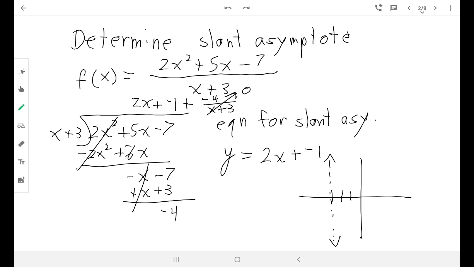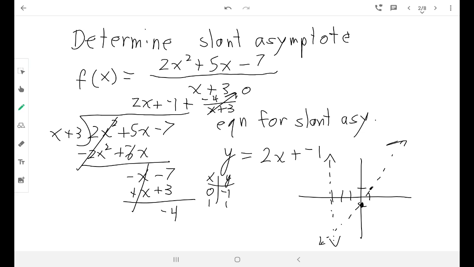So if I think of a little table for this, an xy table, if I were to put in 0, I'd get negative 1. If I were to put in, let's say, 1, I'd get 1. So 0, negative 1, and 1, 1 is the model for my slant asymptote.